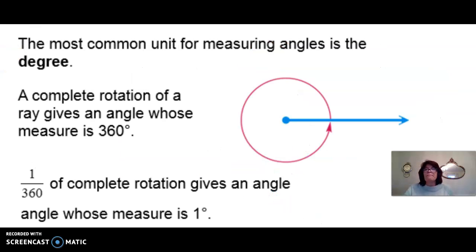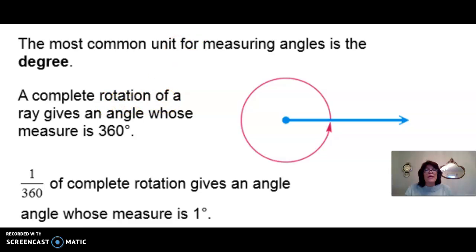All right. The most common unit for measuring angles is the degree. We're going to get into radians in trigonometry, of course. It's the more mathematical way of measuring angles. But the most common unit of measure in everyday life is a degree. All right? We already know that a circle has 360 degrees.